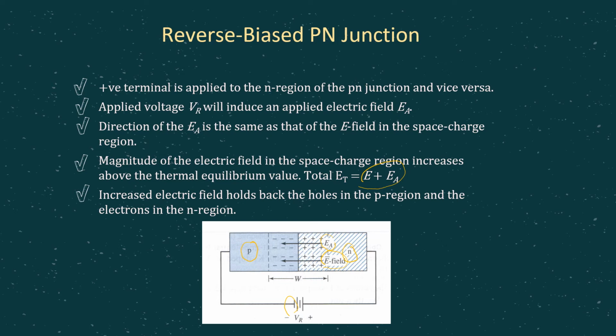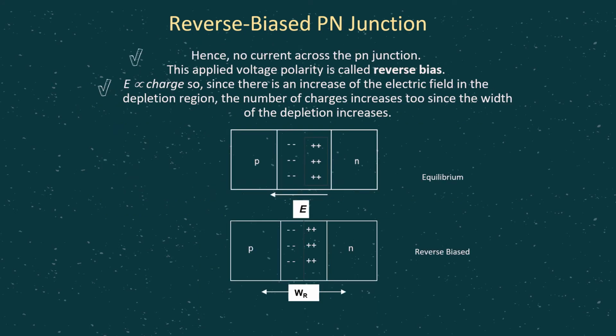So more force will be there now at the depletion region, and obviously the depletion region width becomes wider. Why wider? Because the electric field is now increased. As you can see from here, the width of the depletion region becomes wider because we have increased electric field, coming from the reverse bias connection.